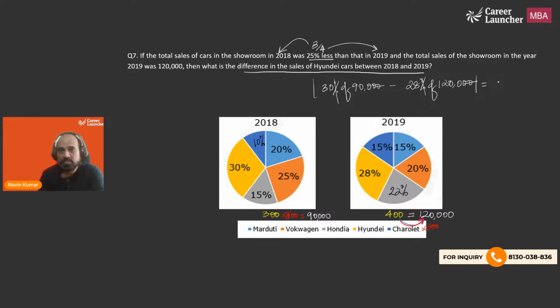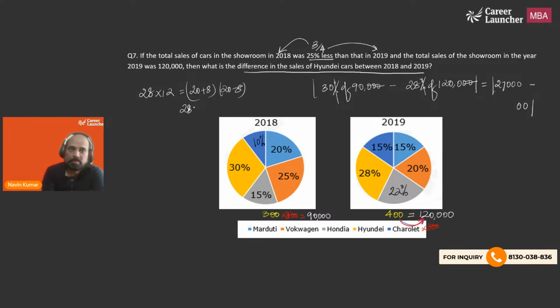9 into 3 is 27 followed by 3 zeros. And then we have a minus. Then we have 28 into 12 and then followed by 2 zeros. Now 28 into 12, if you want to calculate. So how do you not use calculator in your DIs? So 28 can be written as 20 plus 8 and 12 can be written as 20 minus 8. Okay, this is one way.